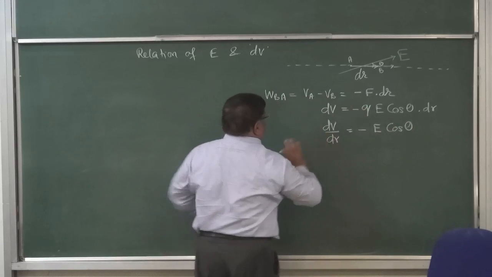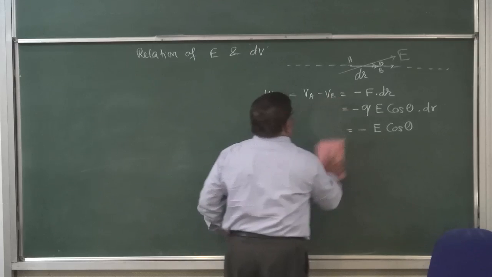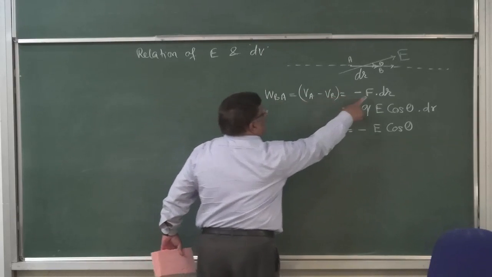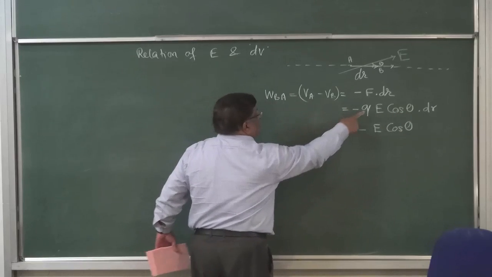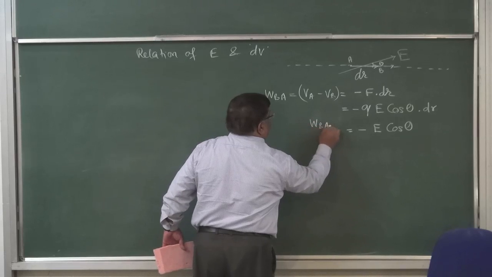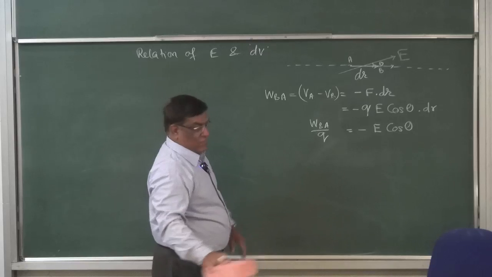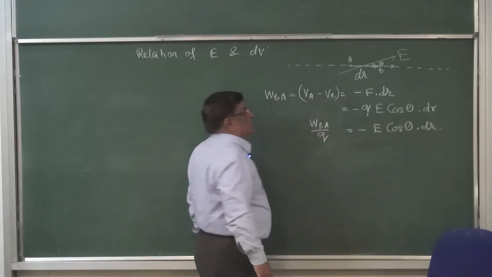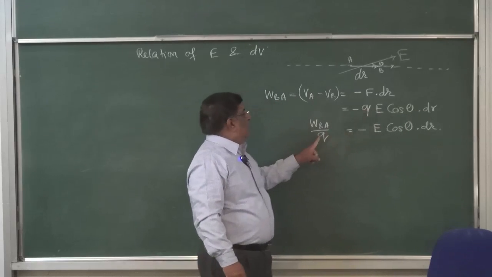There is a mix up of the things. Let's make it this way. Work done from B to A is equal to this. This Q you take on this side. So, work done from B to A per unit charge is this into dr. E cos theta dr, minus, Q we have taken here.